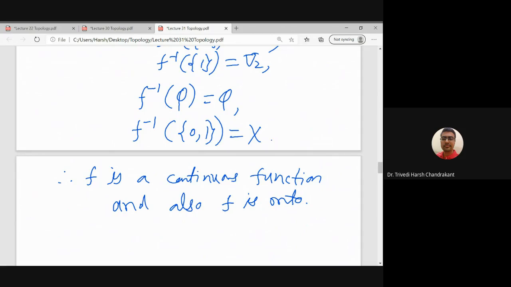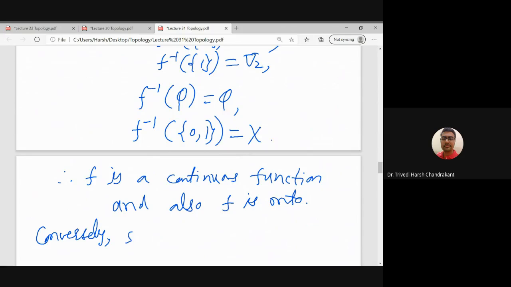Now conversely, we want to show that if I have a continuous function which takes values in 0 and 1, then X is a disconnected space.